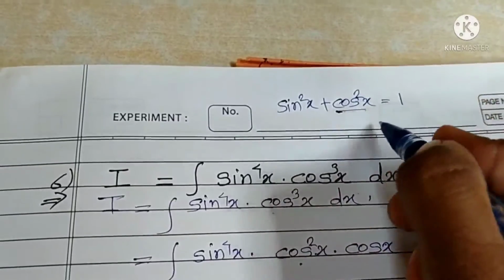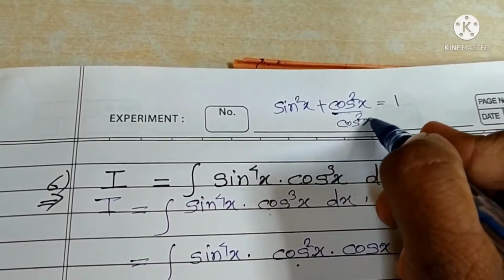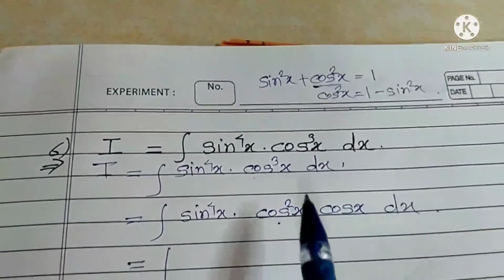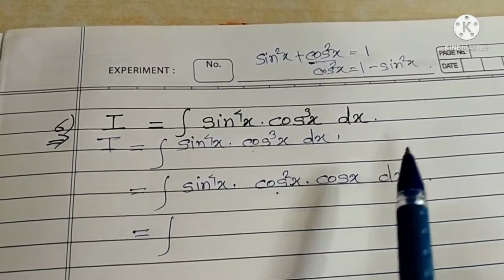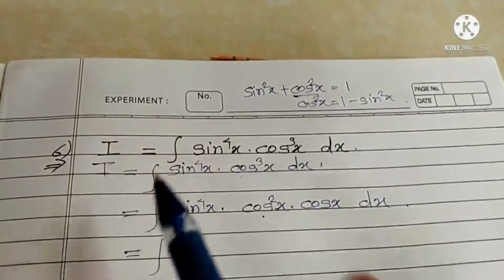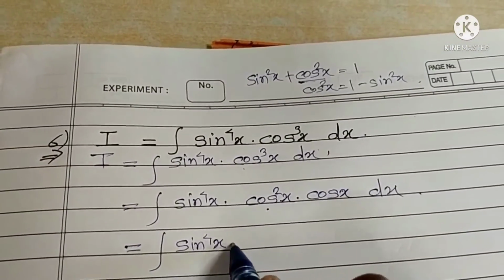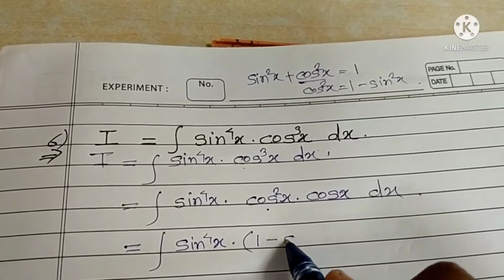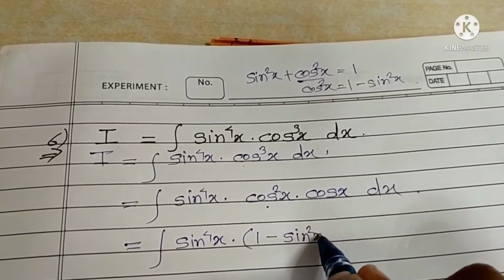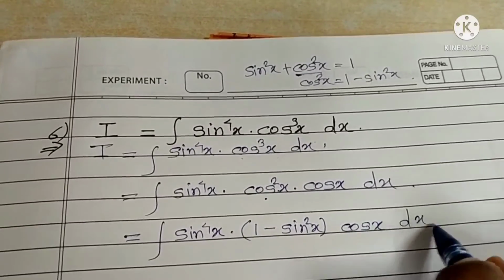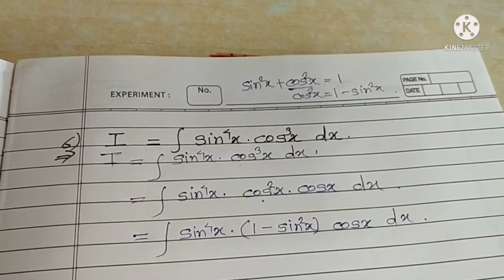We want only cos square x, so cos square x is equal to 1 minus sin square x. Means we can write instead of cos square x here 1 minus sin square x. So write sin raised to 4x into (1 minus sin square x) into cos x dx. So it is now the simplest form.